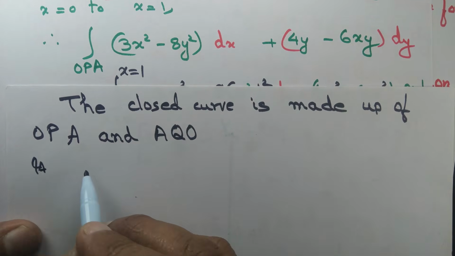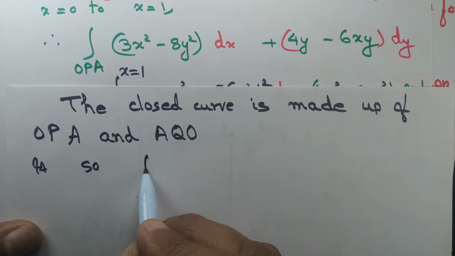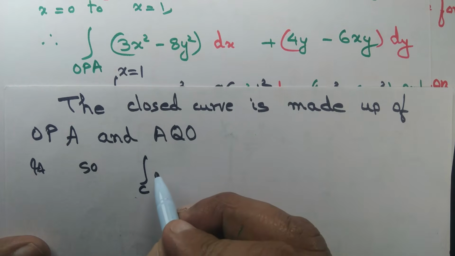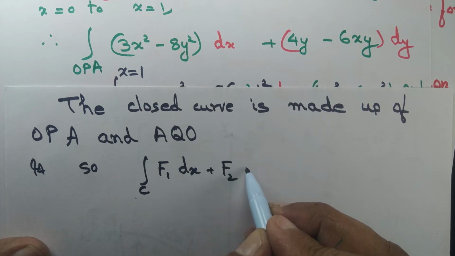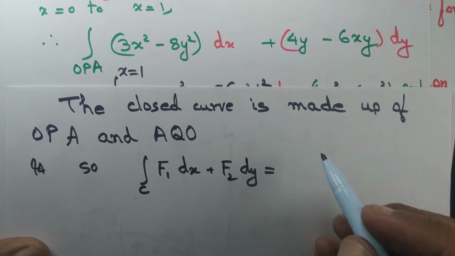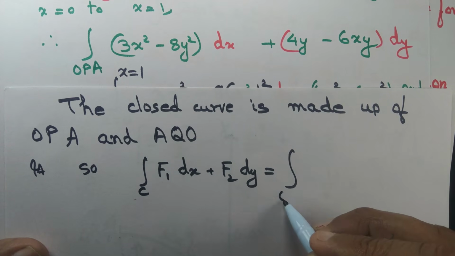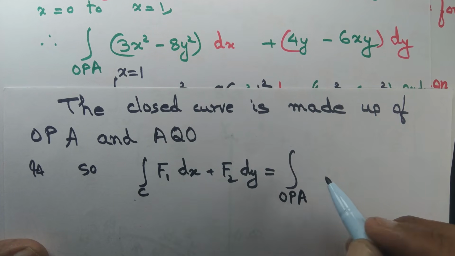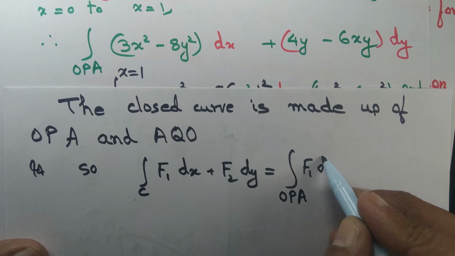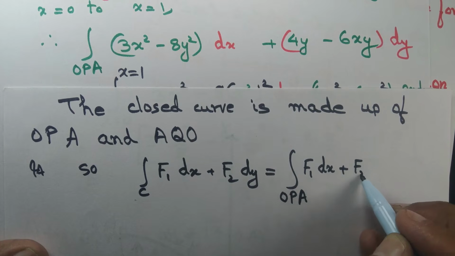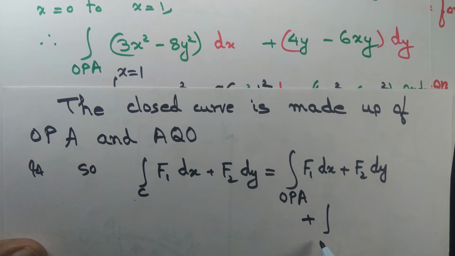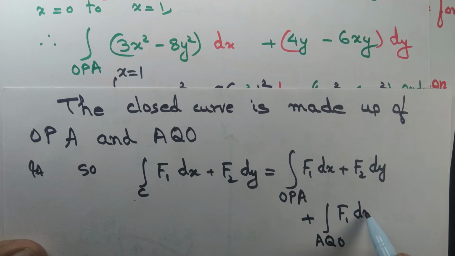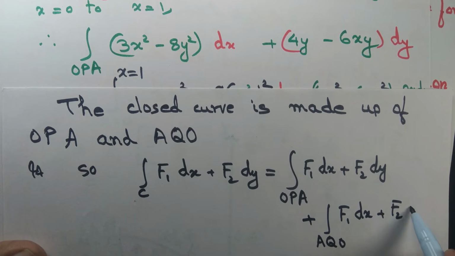And so integral over closed curve f1 dx plus f2 dy equal to integral along OPA f1 dx plus f2 dy plus integral along AQO f1 dx plus f2 dy.